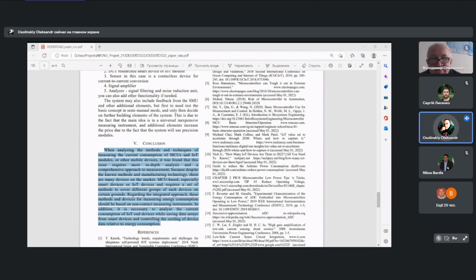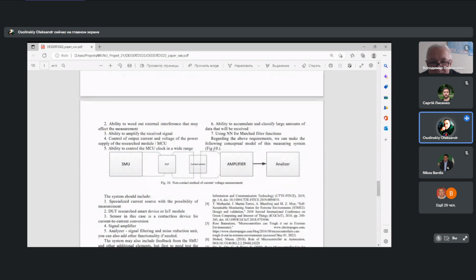For example, one group we can analyze by contact methods, another group only by non-contact methods, and in this concept we can do this without implementing many measurement devices.